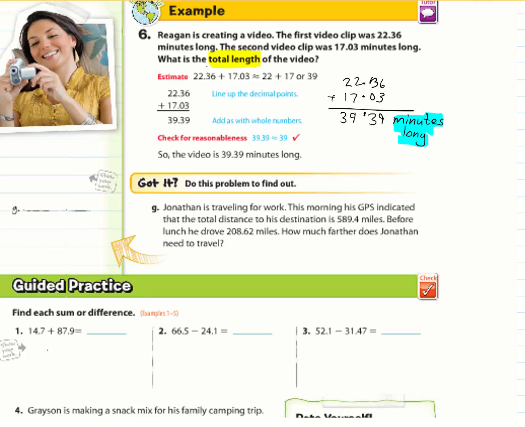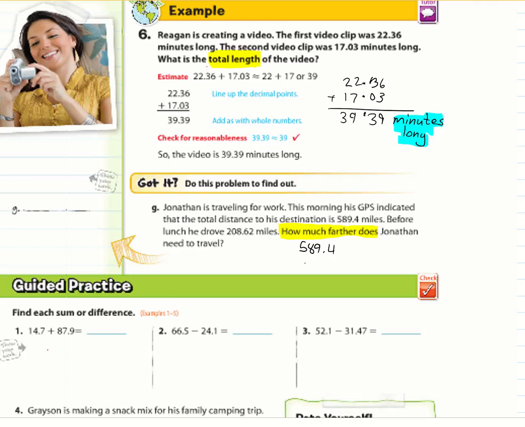Before lunch, he drove 208 and 62 hundredths miles. How much farther did Jonathan need to travel? So the key phrase is going to be how much farther? How much farther does Jonathan need to travel? And how much farther, that means that we are going to subtract.